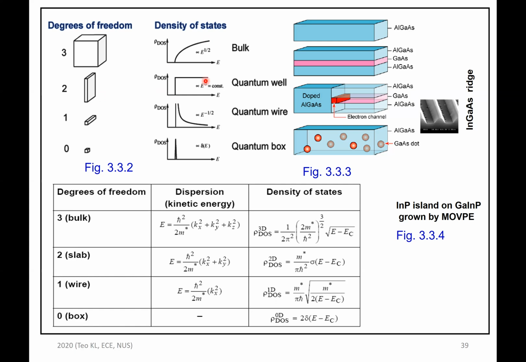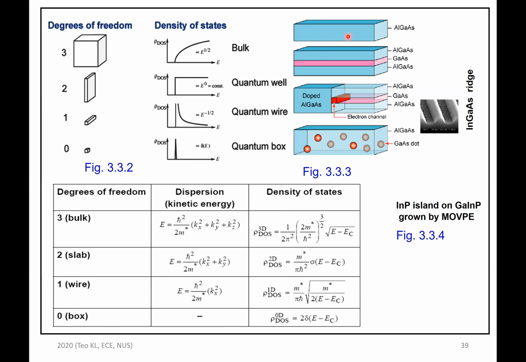So you have learned that in Prof. Wu's course. For a 1-dimensional case, the density of state as a function of energy goes like 1 over square root E. And for quantum dots or quantum boxes, 0 dimension, the density of state goes like a delta function.